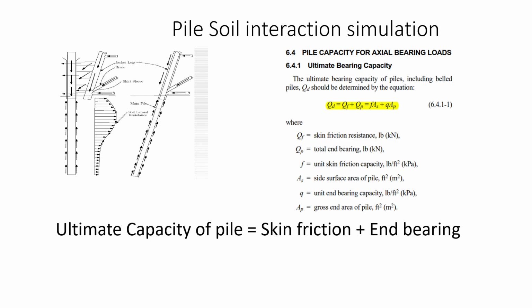But when we come to the pile, we have to consider the skin friction also along the length of the pile. If you see here, this line, the arrow, is called skin friction. So the ultimate capacity equals skin friction plus end bearing. This is the expression which I have snapped from the API RP2A. If you go to section 6.4.1, there is an expression over there.